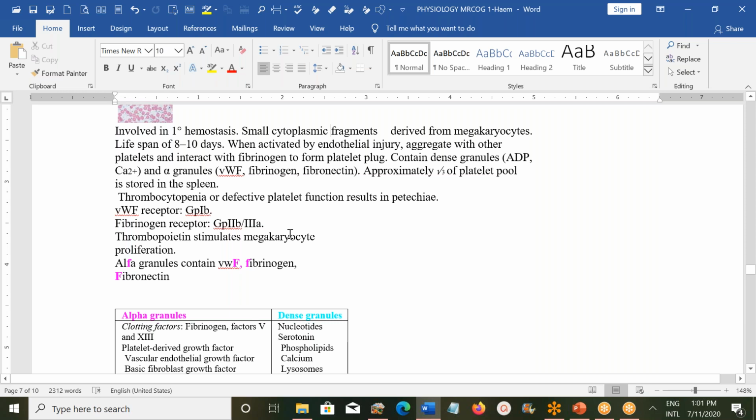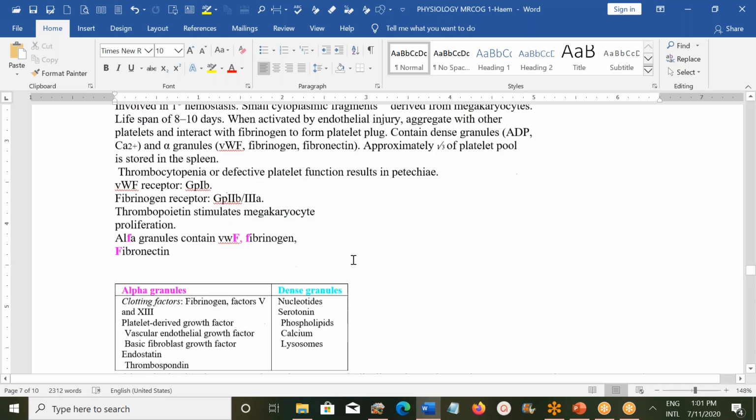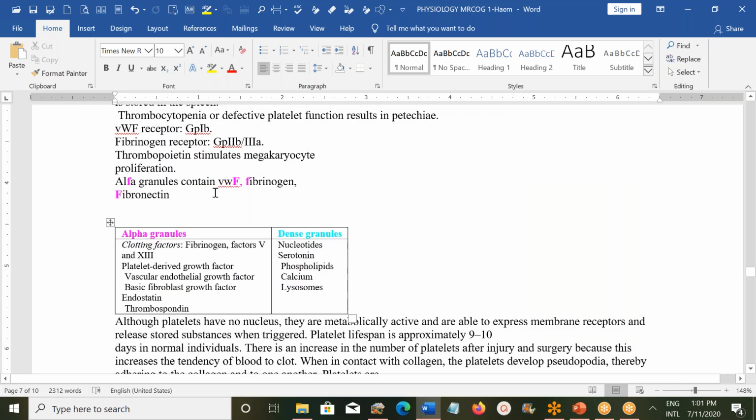Okay? So what other things are they producing? Fibrinogen coming from the alpha granules, like we can see. Let me show you the slide. We said that the platelets have alpha granules and dense granules. The alpha granules contain clotting factors like fibrinogen, factor 5, and factor 8.